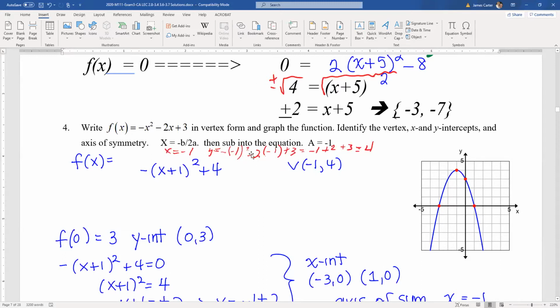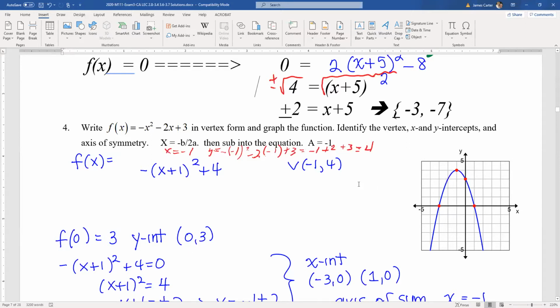We substitute -1 into the equation, and we get +4 for the y value of the vertex. Because a is negative, this opens downwards. The y-intercept is (0, 3), right over here. So we've got this point, and that point by symmetry.